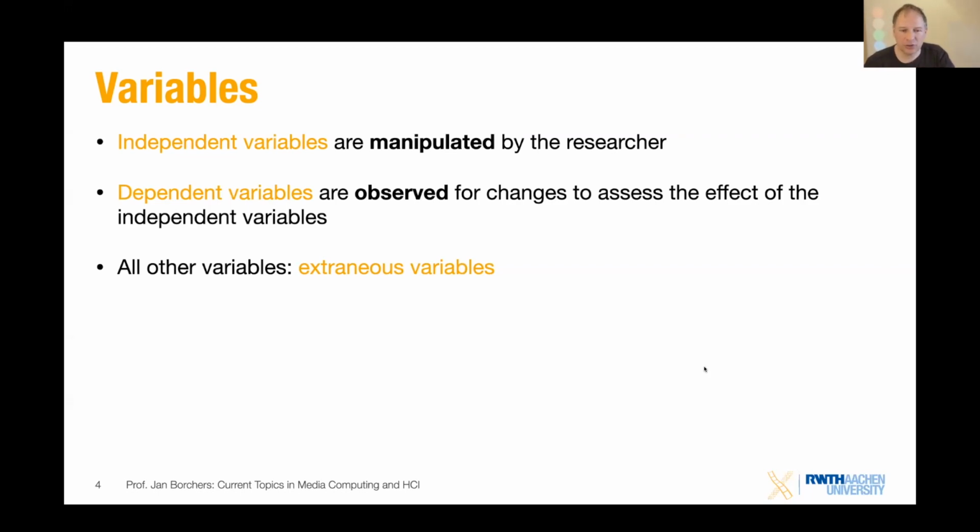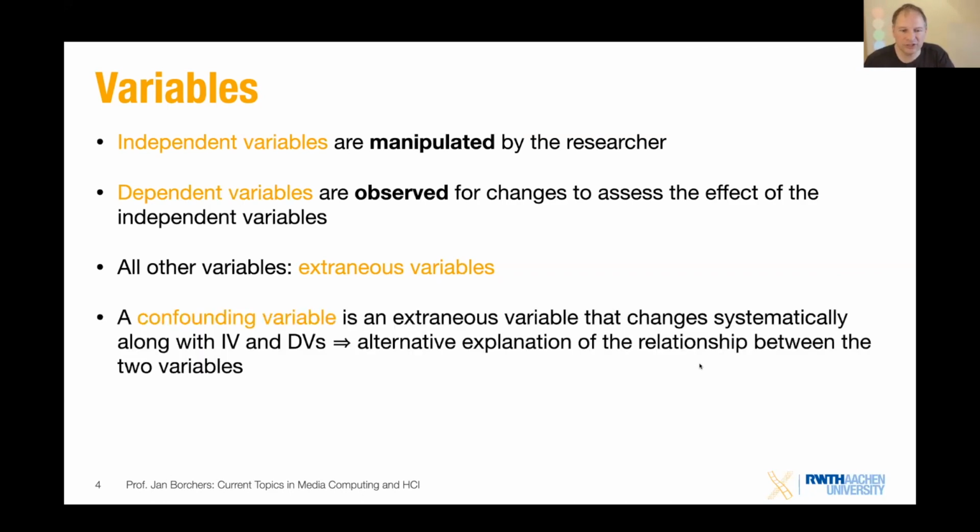All the other variables we call extraneous. And among these extraneous variables are some that can be dangerous to the validity of our experiment. And those are confounding variables. A confounding variable is one that we haven't included in our independent or dependent variables, but it actually does change systematically along with our existing independent and dependent variables, or IVs and DVs.